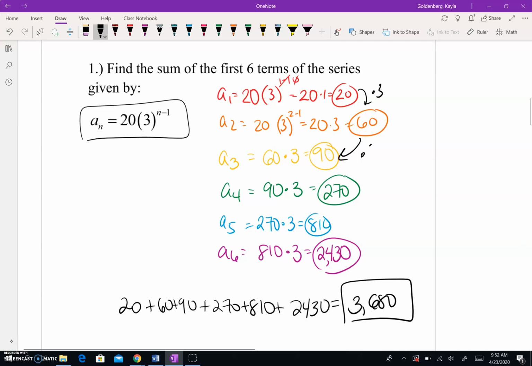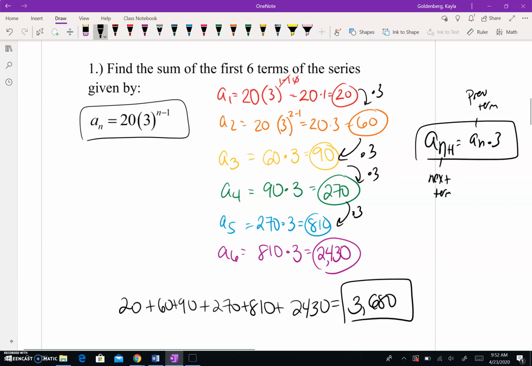That's a little bit more of a recursive idea, that it's previous term times 3. Like a sub n plus 1, your next term, equals a sub n, your previous term, but times 3. And that's really at the root of what this is. So this would be a recursive definition rather than your explicit formula.